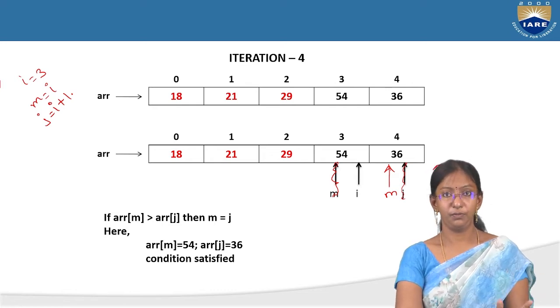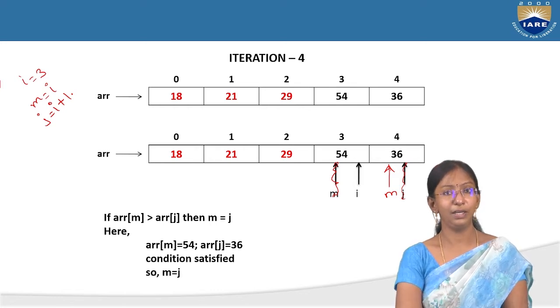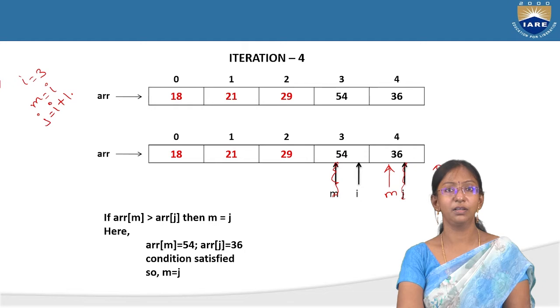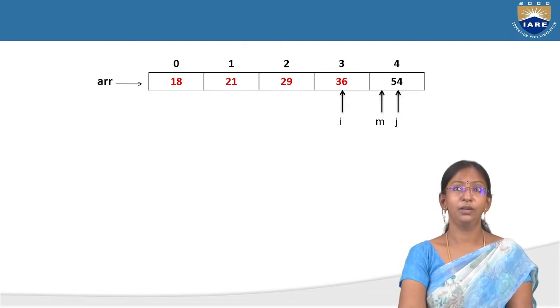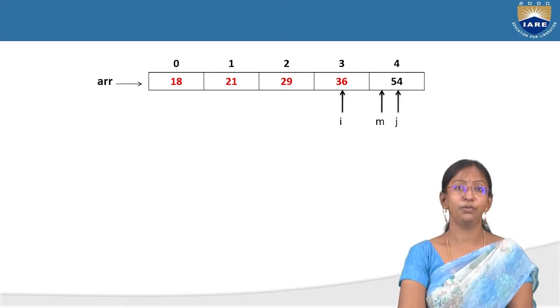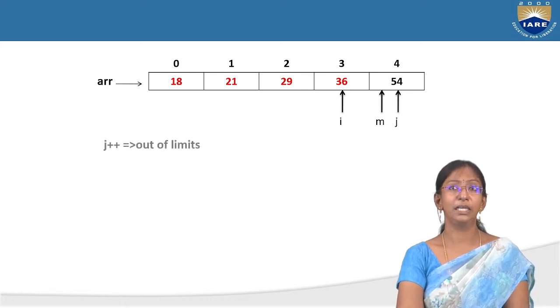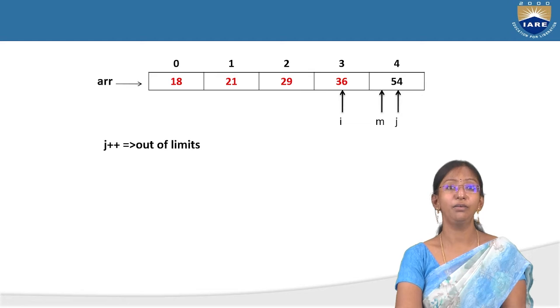The first step, the M position change, will happen. But if J is incremented, it will go out of the list. Have a look, right? This is the case where M is pointing to 36 and J got incremented, so it will go out of limits. Once it goes out of limits, it says that this is the end of the fourth iteration, right?